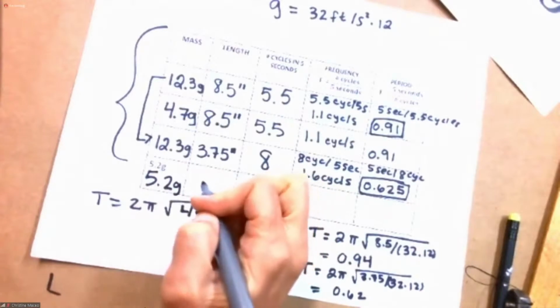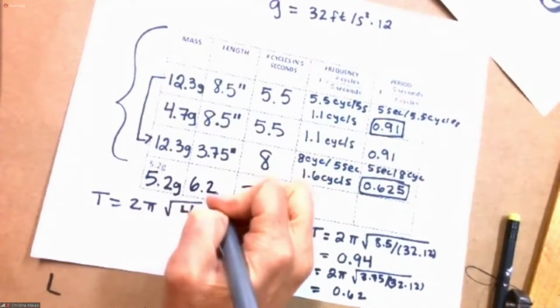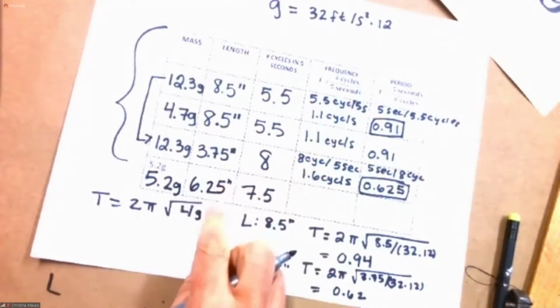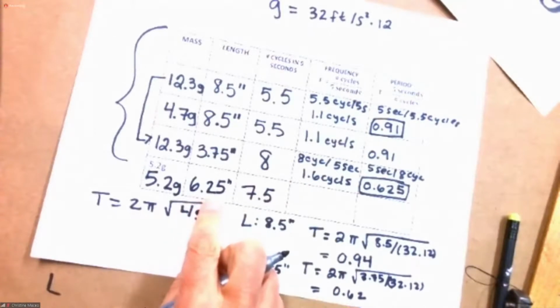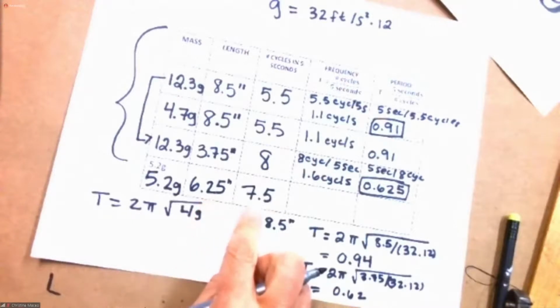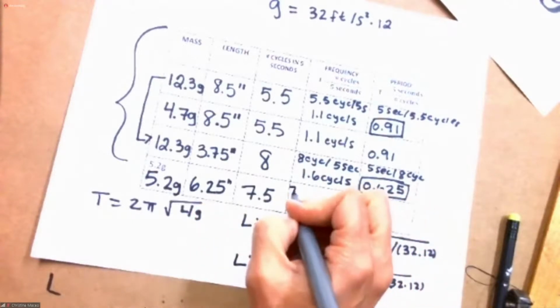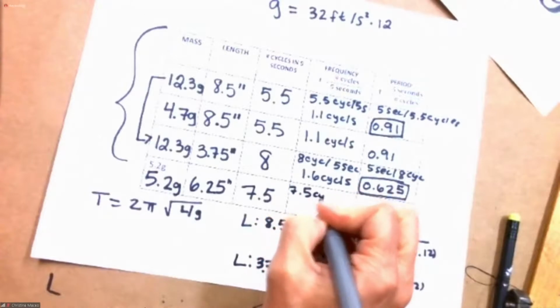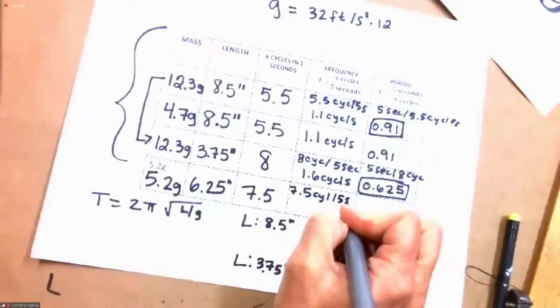And I know we're running out of time, so I want to write down that I also measured it before and that it's 6.25 inches long. So if I take a look at the number of cycles per second here, I have 7.5 cycles in 5 seconds.